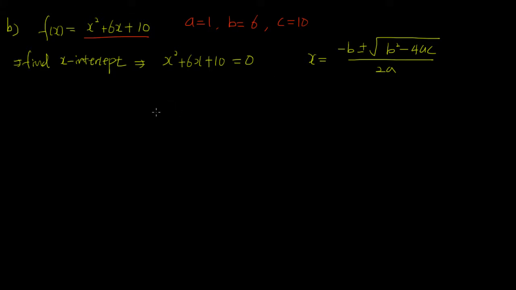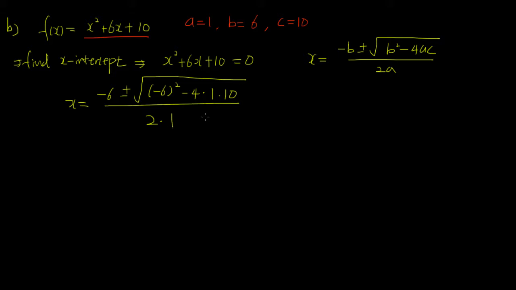So x equals minus 6 plus or minus the square root of 6 squared minus 4 times a times c, over 2 times a, right?